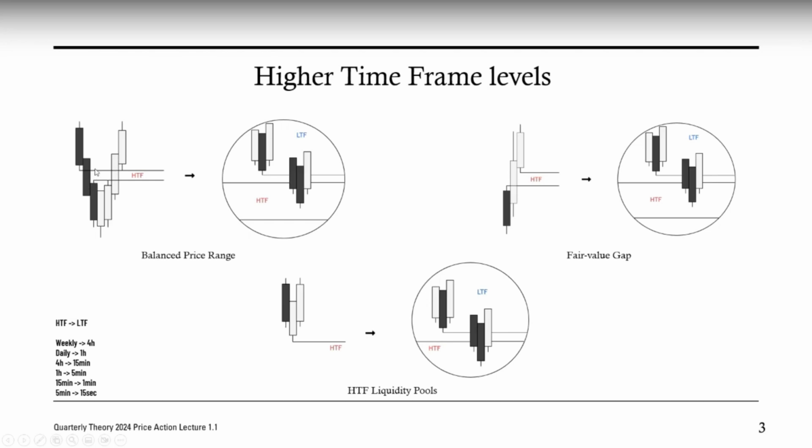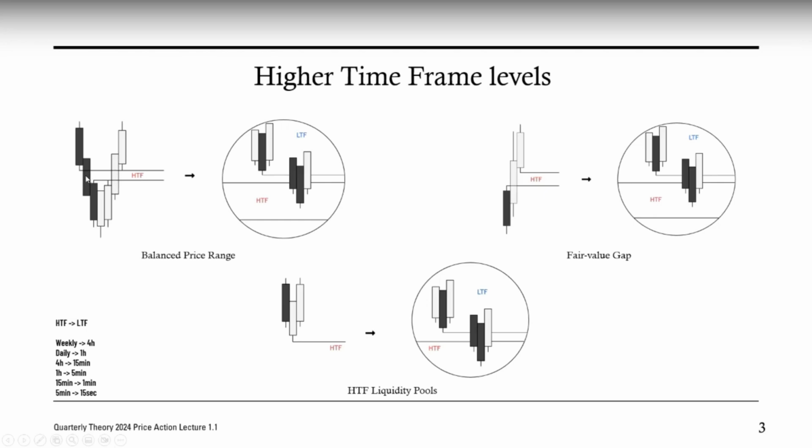If this wick met with this, then it would be balanced price action. But due to the fact that there are no wicks here, and the same thing goes for this candle right here, which is in the middle of the one to the right and the one to the left, there's only buying being done right here, and there's only selling being done right here.